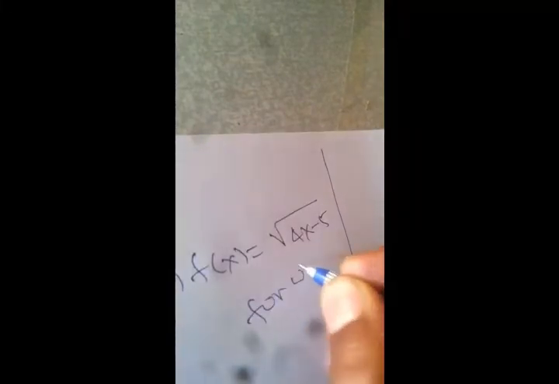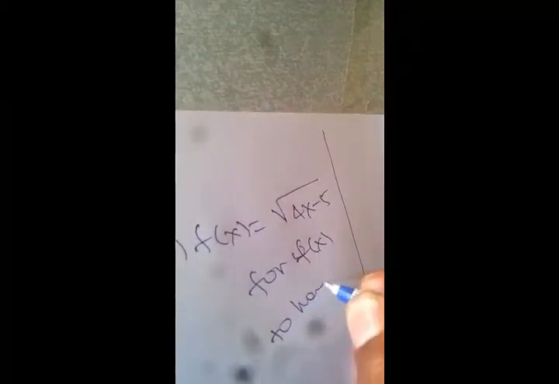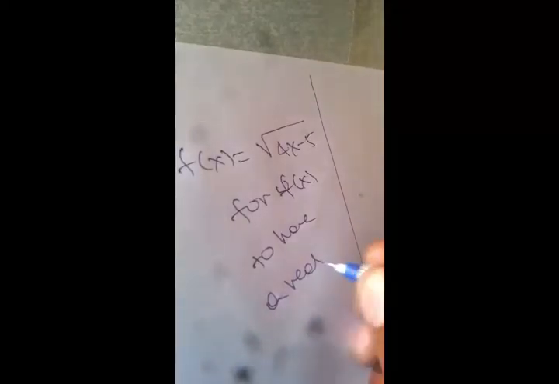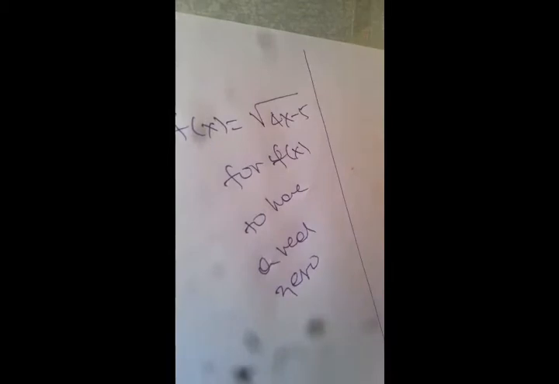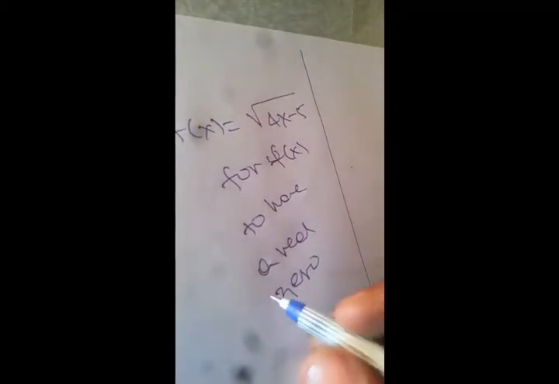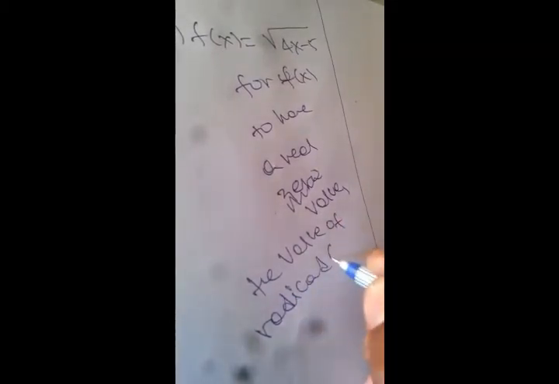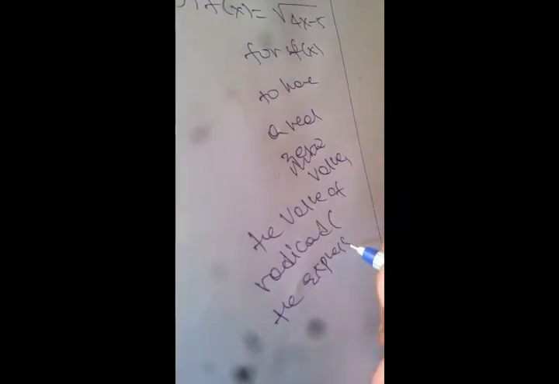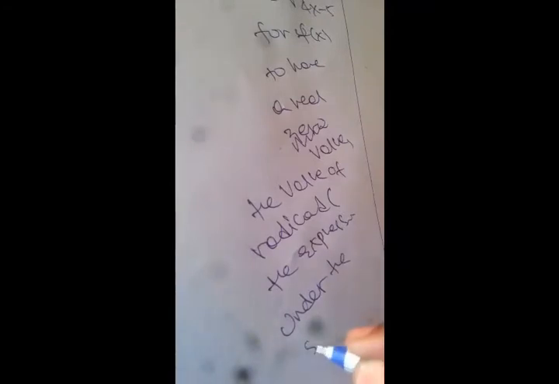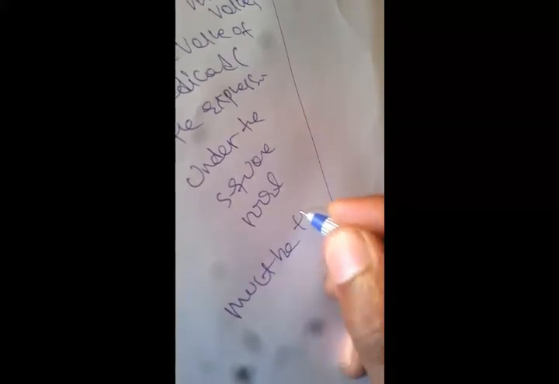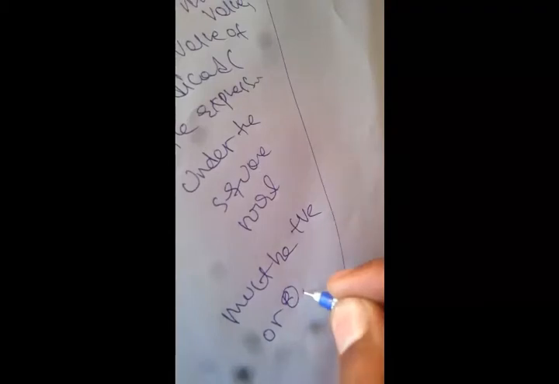Therefore, for f of x to have a real value, not 0, the value of the radicand must be positive or equal to 0. The radicand means the expression under the square root, this 4x - 5.